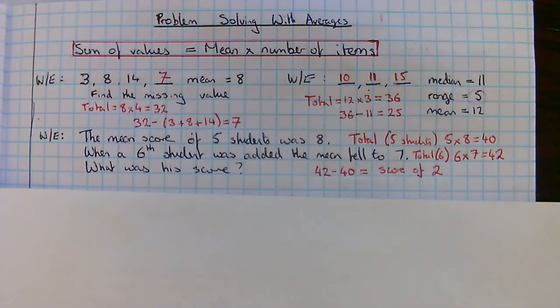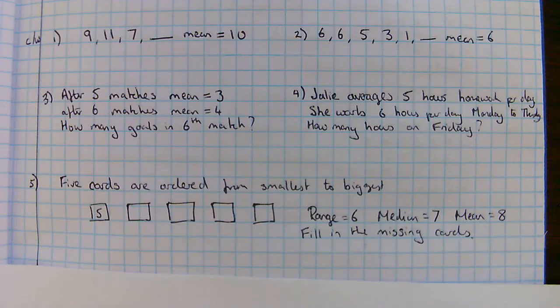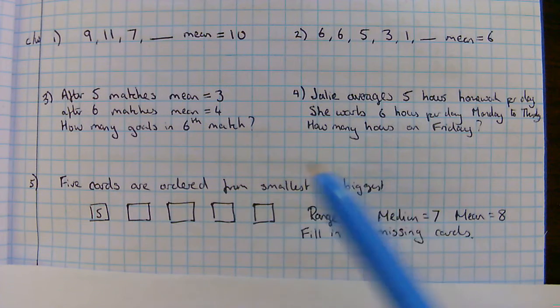Okay, pause the video now while you just take down those worked examples, and then there's some questions for you to try yourselves. Okay, so the first 2 questions here, you're just being asked to find what the missing number in the list is to make the mean correct. Questions 3 and 4, you're being asked to find the difference between 2 totals.